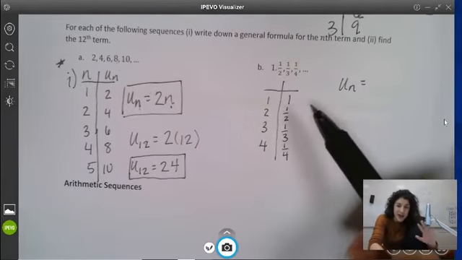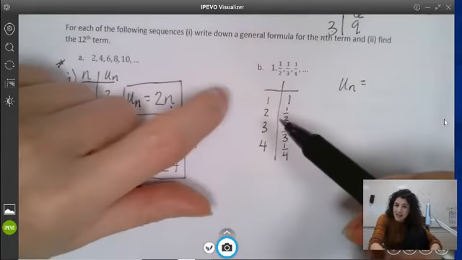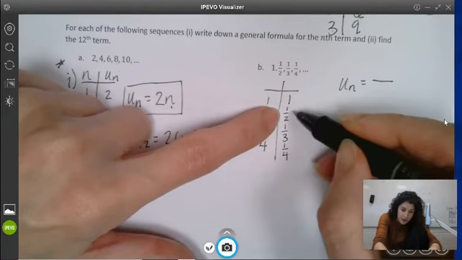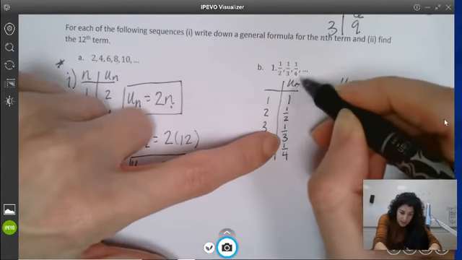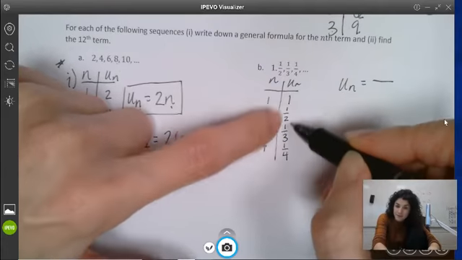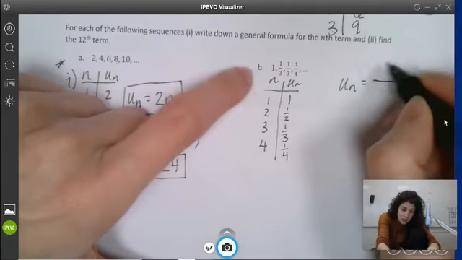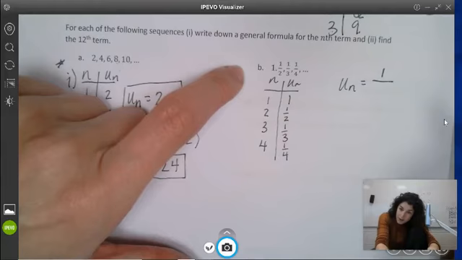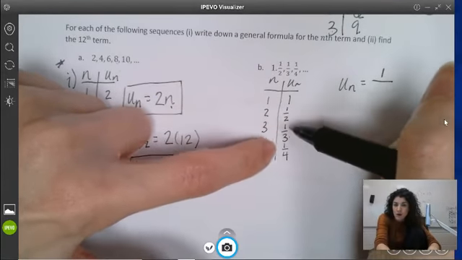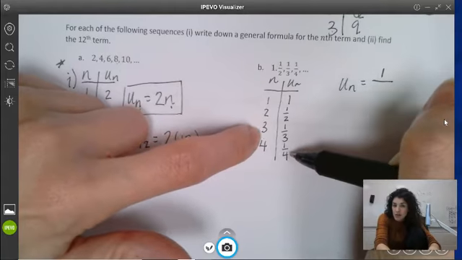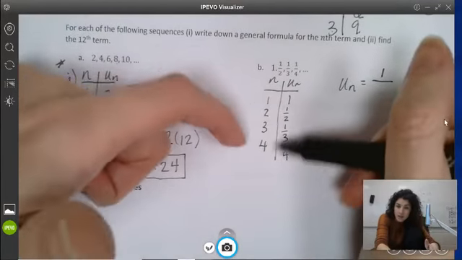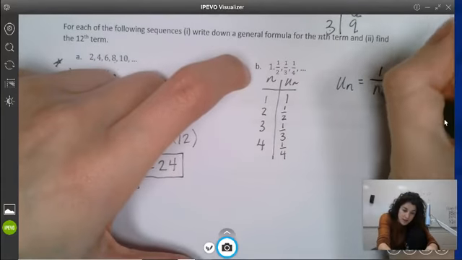This 1 over 1 situation is kind of weird, so I'm going to put it to the side and then look at this. In the numerator, for every single u sub n, it stays 1. It never changes. So I'm going to keep that as 1. And then I'm going to look in the denominator. It goes 2, 3, 4. 2 and 2, 3 and 3, 4 and 4. So then my denominator just ends up being the number of my term.